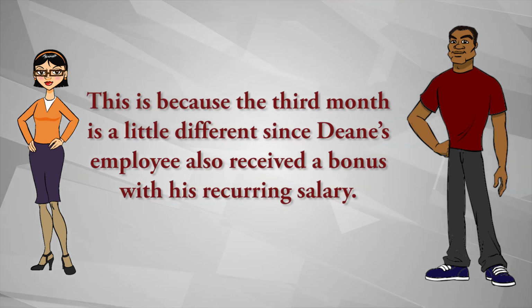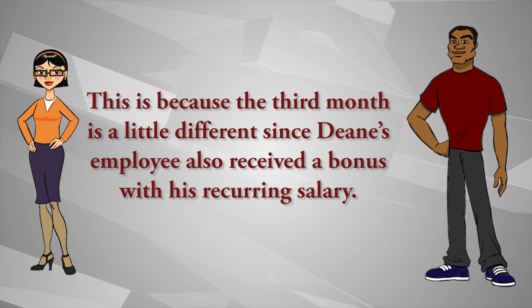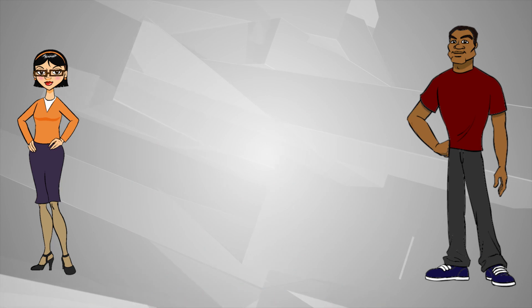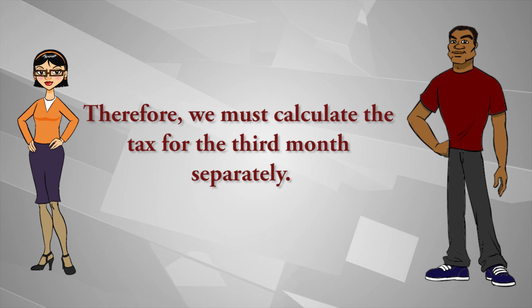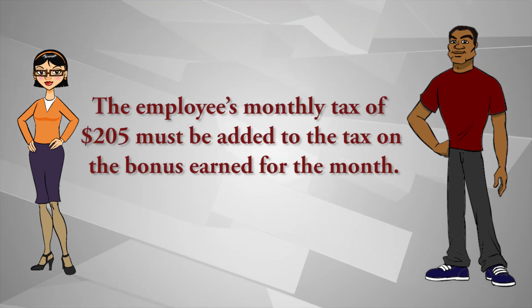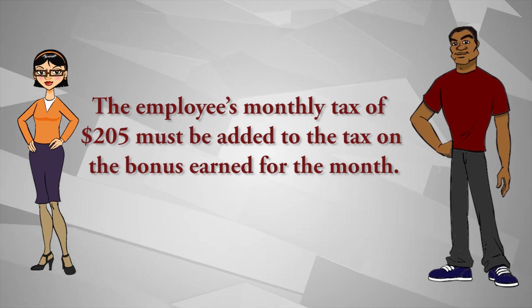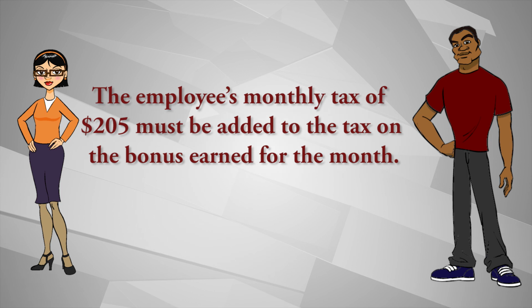This is because the third month is a little different, since Dean's employee also received a bonus with his recurring salary. Therefore, we must calculate the tax for the third month separately. The employee's monthly tax of $205 must be added to the tax on the bonus earned for the month.